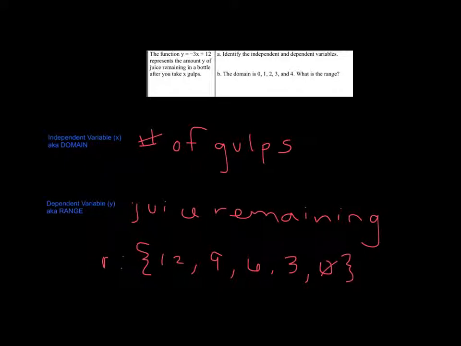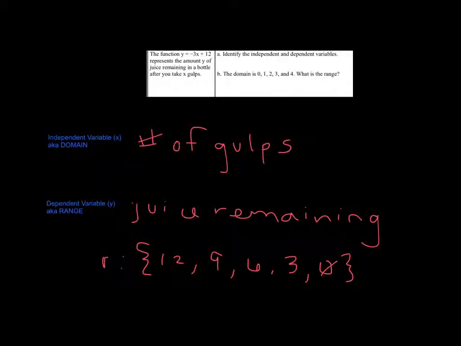Okay. So let's say you didn't have a graphing calculator. What would you do? Well, they've given you an equation here. So when they are giving you a domain, what they're saying is put a 0 in for x and solve.